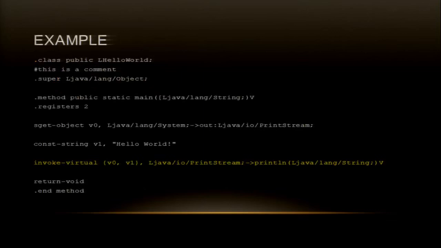It's invoke-virtual, and we're passing it two parameters, v0 and v1, and v1 is hello world. Then it's calling java.io.PrintStream println, and that function takes that parameter. So v1 and v0 are being passed into that, and it's just calling println to print it out.